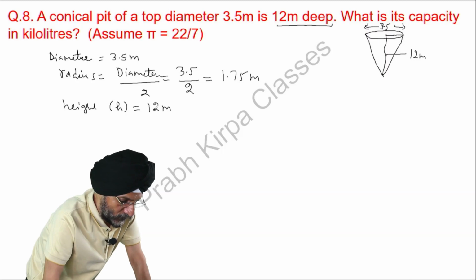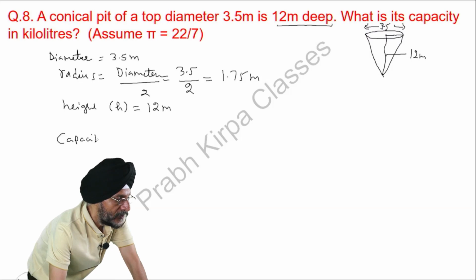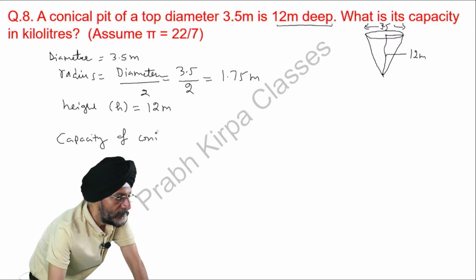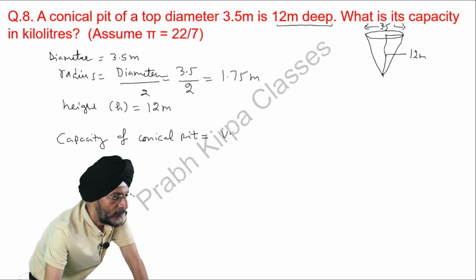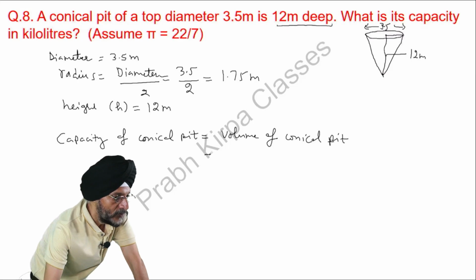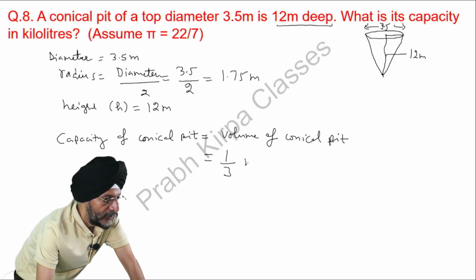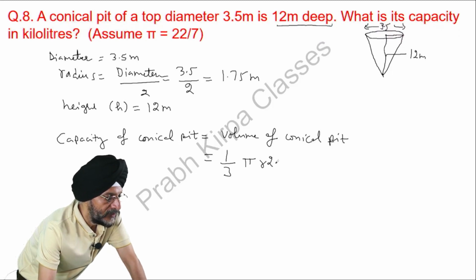Height h is equal to 12 meter. So we have to find the capacity of conical pit, which is equal to volume of conical pit. So what is the formula for volume of conical pit? It is 1 over 3 pi r square h. We will fill the relevant values.